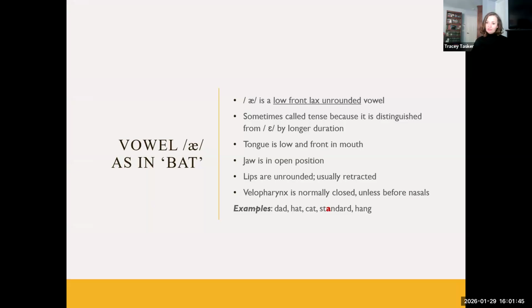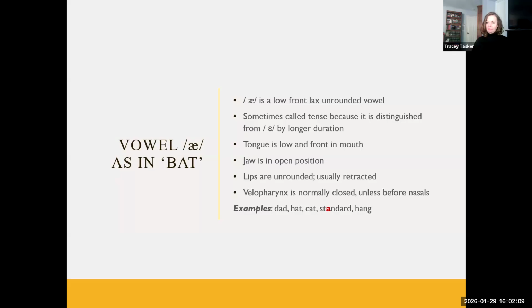I said that we were going to talk about the next vowel. Again, it's one of the front vowels, it's in front, but it is low. It's a low front vowel, it is lax, and it's unrounded. You can see my mouth is definitely not rounded.